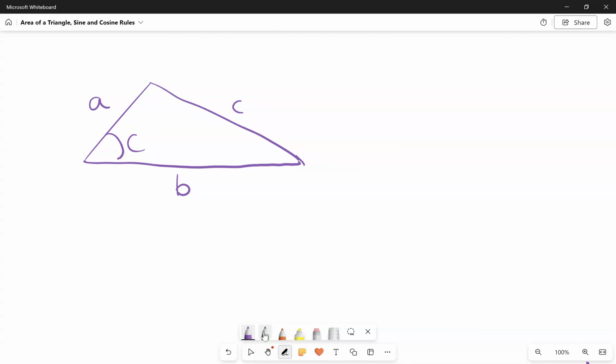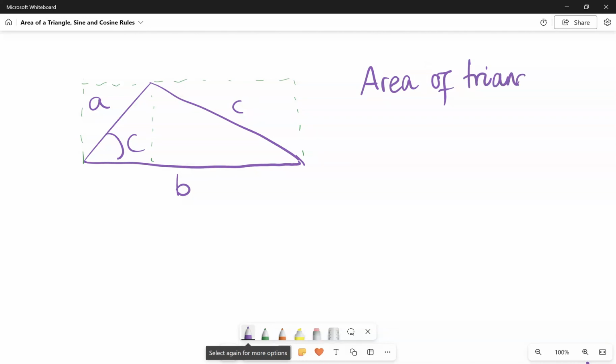Well, we can clearly see that the area of this triangle is half of some rectangle if I construct it in this way. So let me divide it here where that perpendicular line is. I'll draw this dashed line around here and then this dashed line around here. So clearly the area of the triangle equals half of the rectangle.